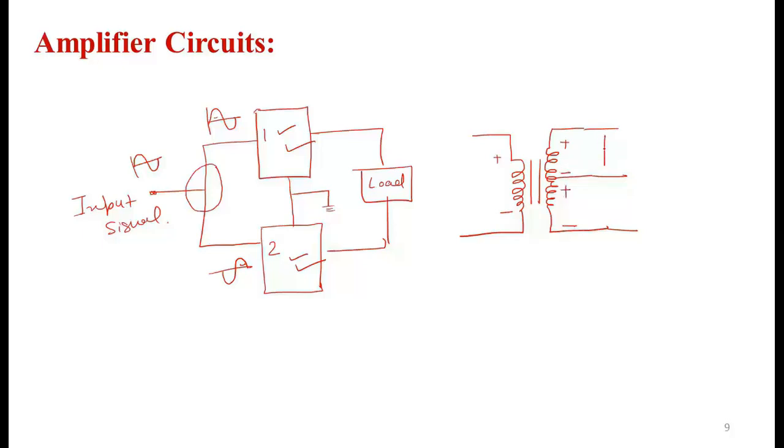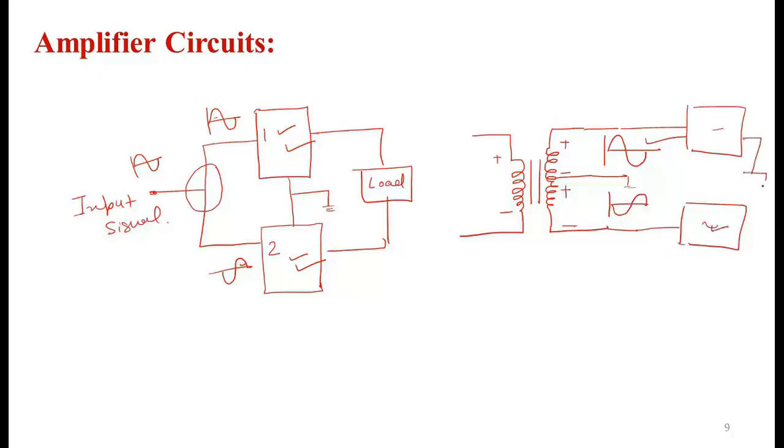So this signal becomes this kind of signal, and this signal becomes this signal. Now these two inputs may be given to the two blocks. The first half part may be given this signal, and the second half part may be given this signal, so that these two circuits can work together to produce the complete output at the load.